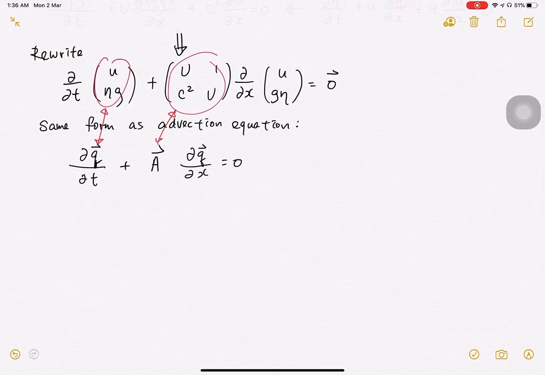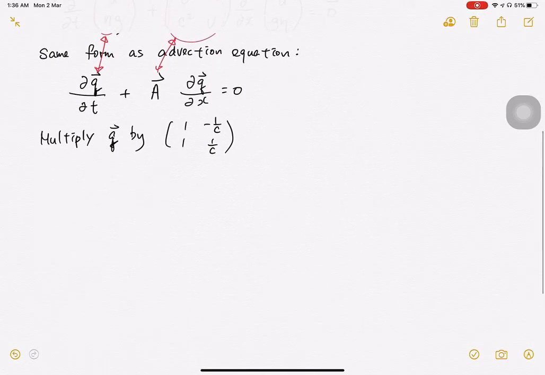How do we do that? We can multiply Q by this matrix. This is basic linear algebra actually, okay? So we multiply Q. What is Q?